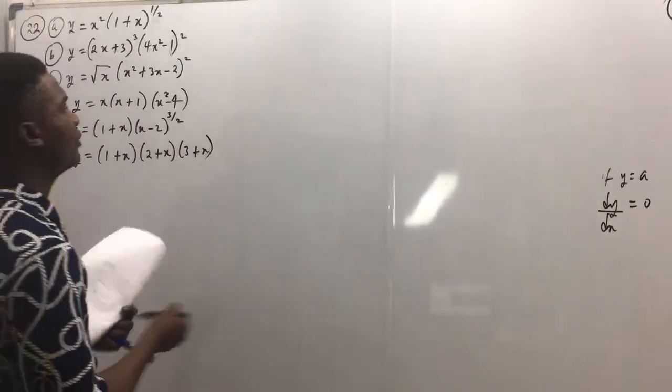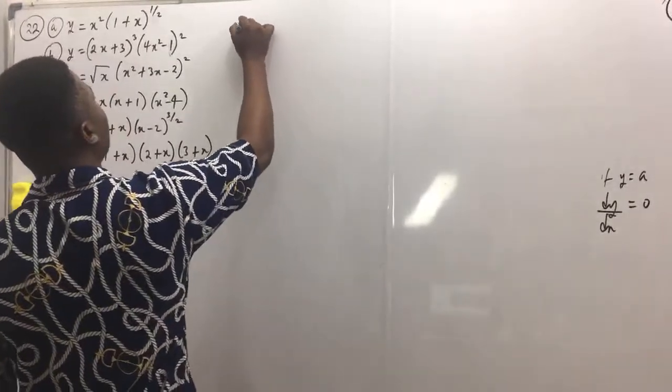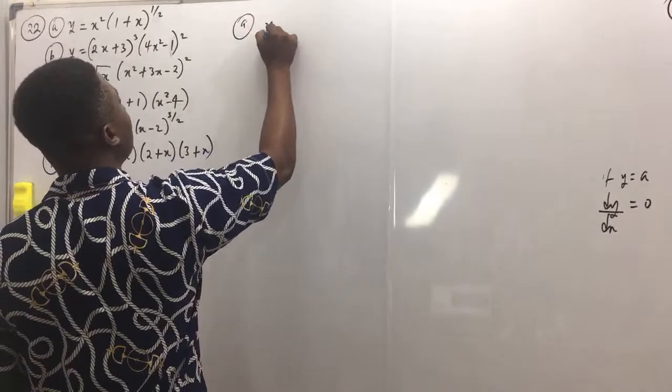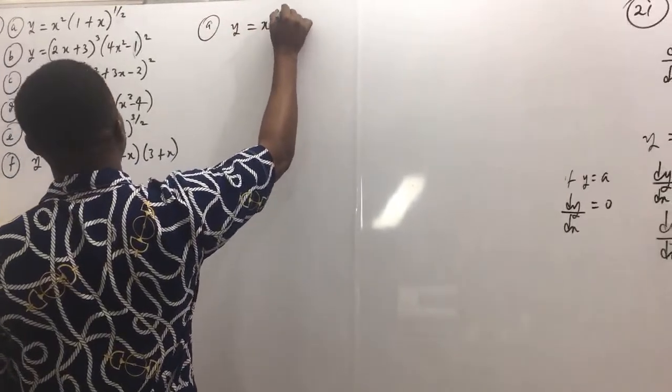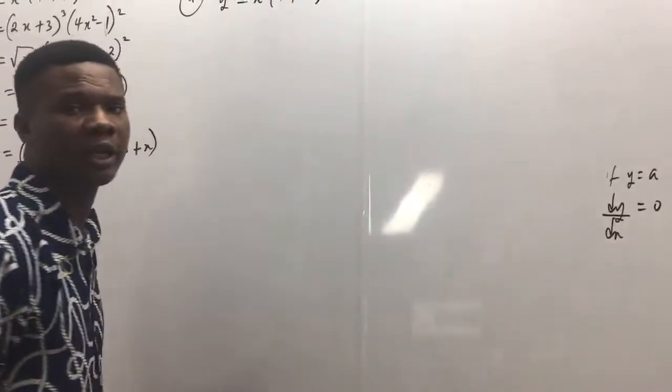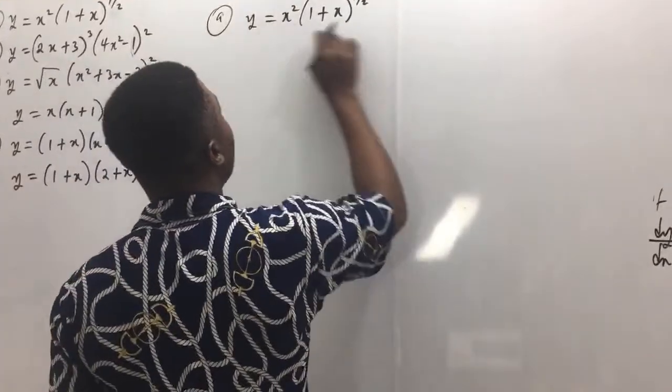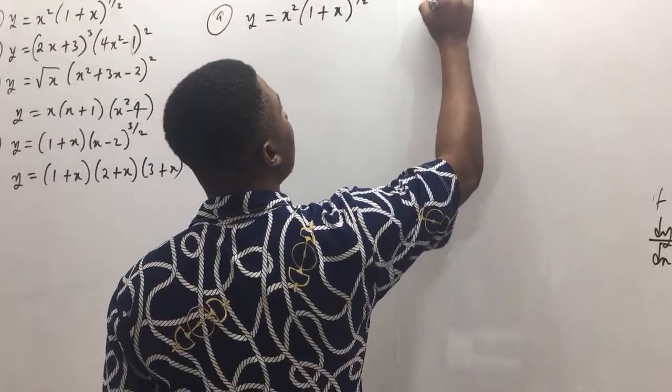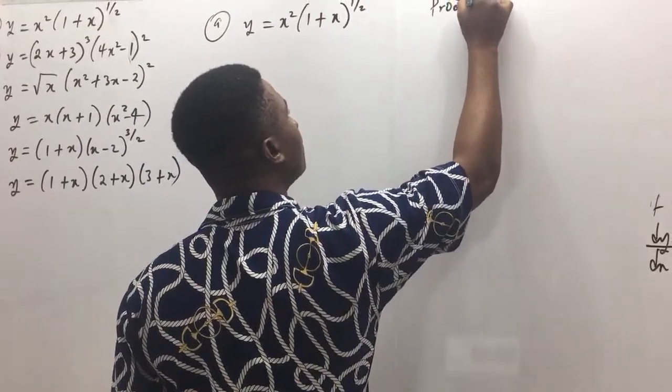Now, let's begin for those who may not understand. I'm going to put here y equals x squared times 1 plus x raised to power half. Now for solving this problem again, I'm going to use two rules.